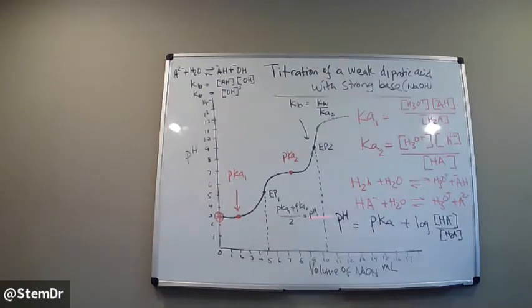Therefore, as you remove the hydronium ion from the solution or neutralize it, the pH starts to increase. At a point, for example endpoint 1, you have added exactly the same number of moles of base as the weak acid, to completely neutralize the first proton and then the second proton.